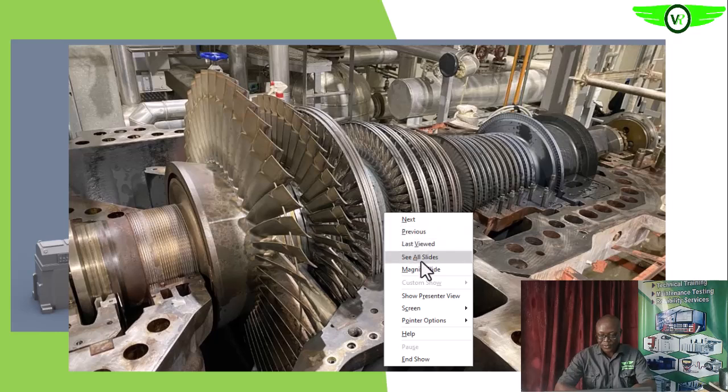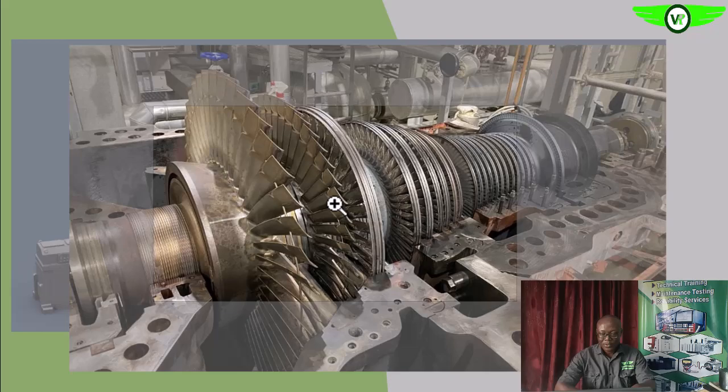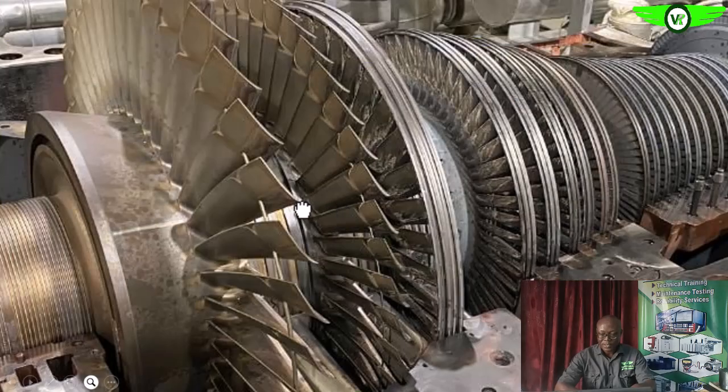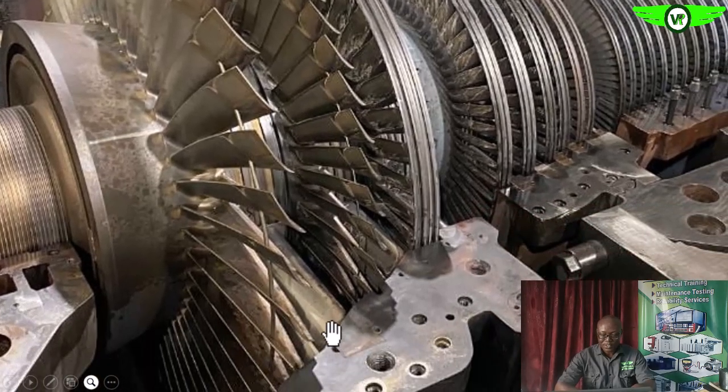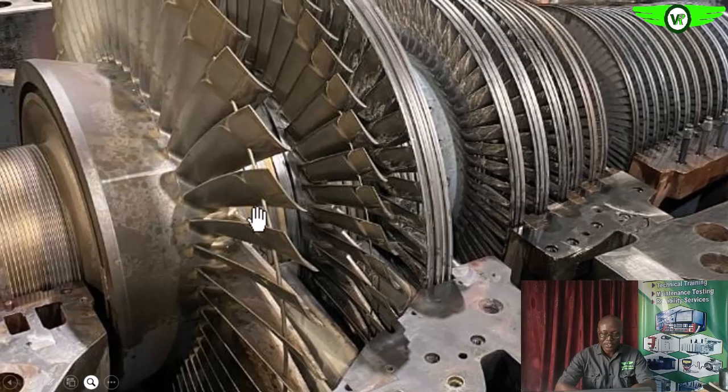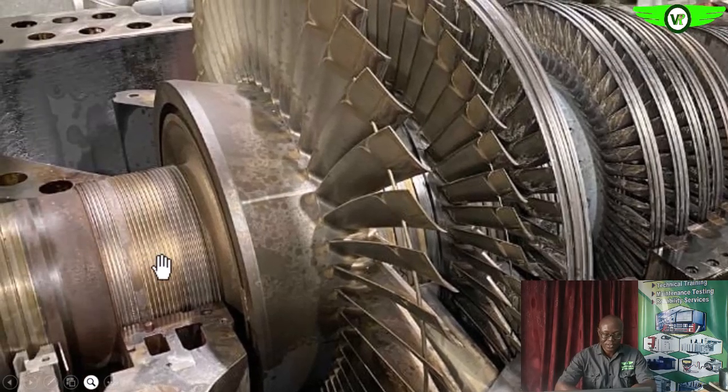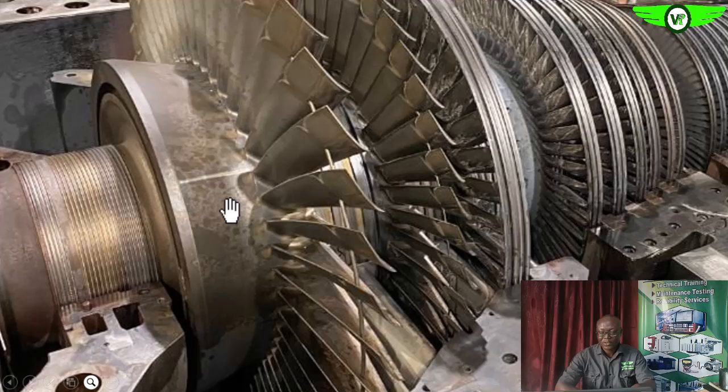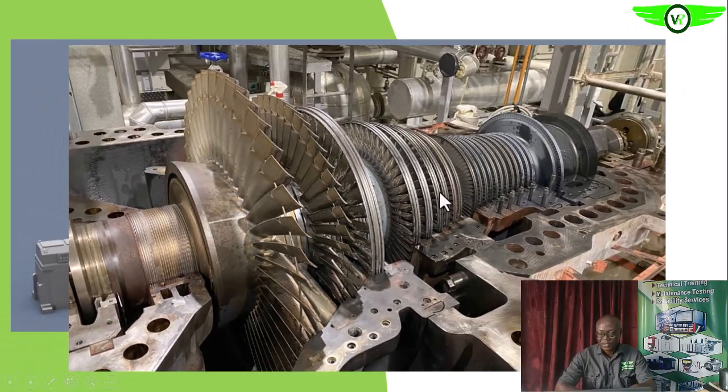Let's try to get a closer view. So this is it. You see, this is the stationary blade and this is the rotating blade. This is the labyrinth seal, and we have another one on the cover of the casing.